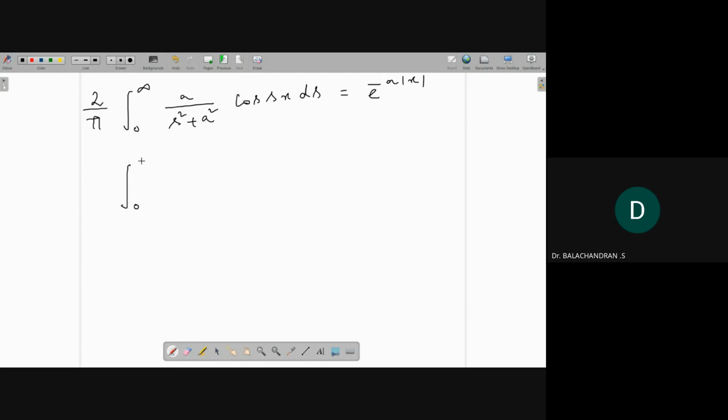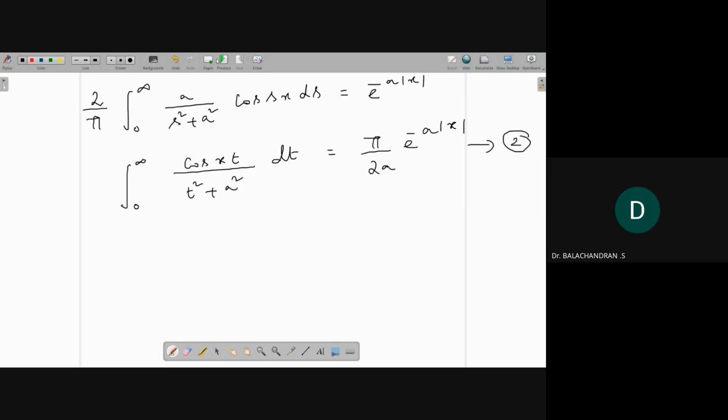Changing the dummy variable s to t, we get the integral of cos xt by t square plus a square into dt, which is equal to pi by 2a into e power minus a mod x. I call this equation number 2. So this is the deduction part. You can check it again.